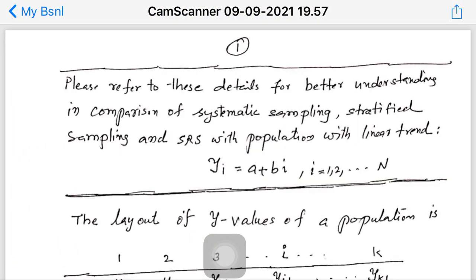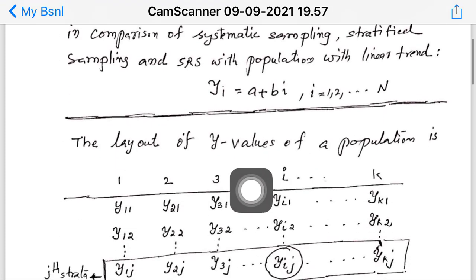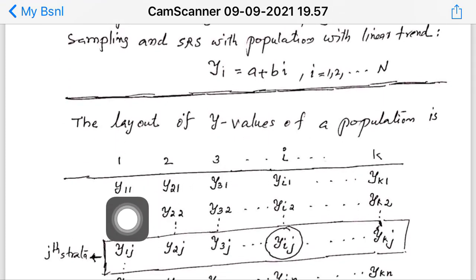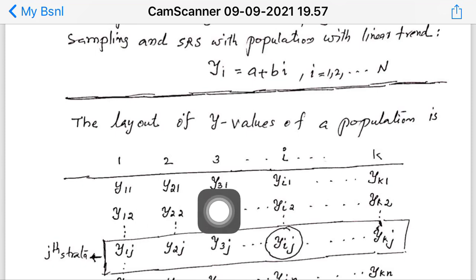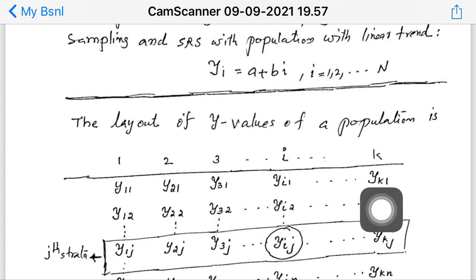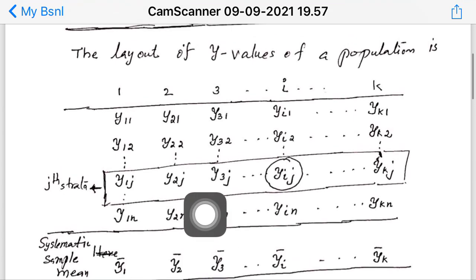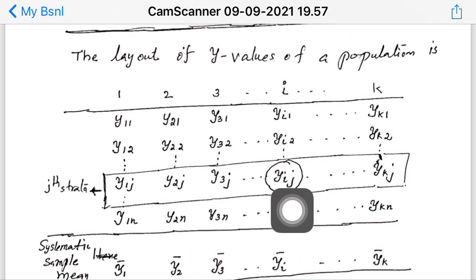This is the annexure I have sent you earlier. You see the model yi equal to a plus bi, i equal to 1 to N, and this is the layout: y11, y21, y31, yi1, etc., yk1. This layout is familiar to you, and you know that yij represents the jth unit in the ith possible sample.